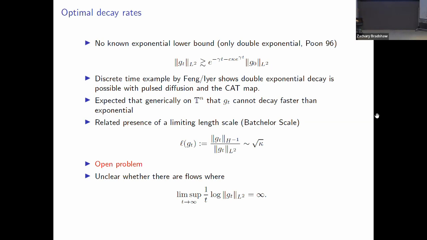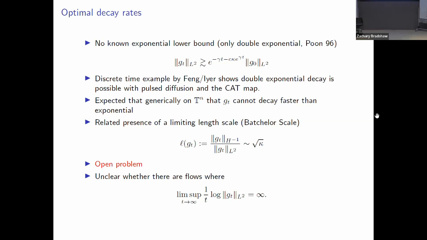So you need to show, for instance, that this thing can't be acting locally in frequency. It can't just be moving Fourier modes up in frequency. It has to have lots of backscatter. And as far as I know, this is still the best lower bound.